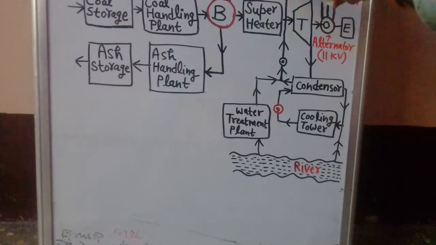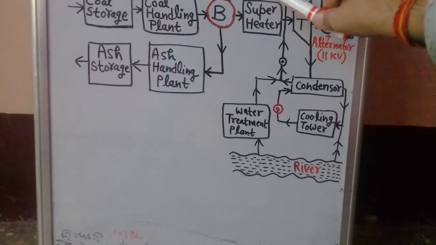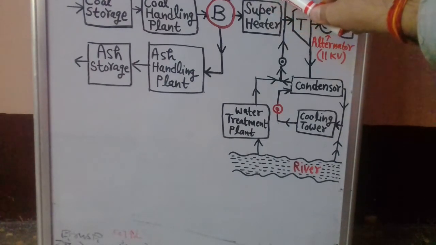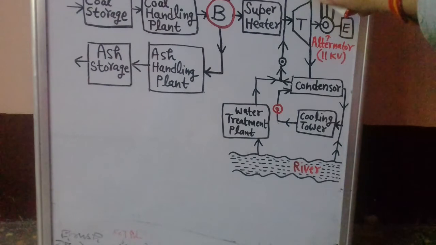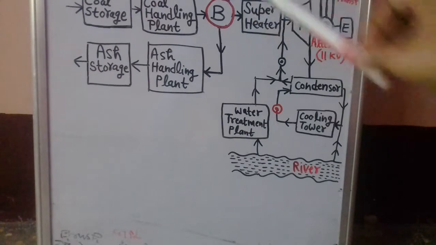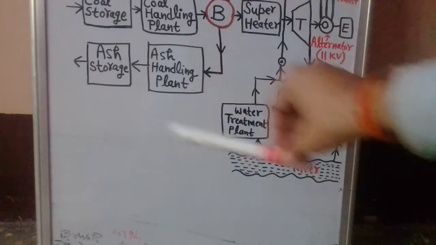So air from the atmosphere comes into the forced draught fan, then it goes to the air preheater, and then it is fed to the boiler furnace for rapid combustion. So that's how the steam power plant will work.